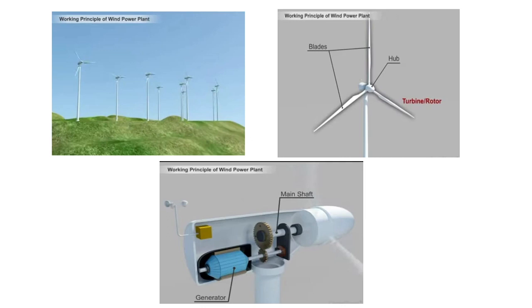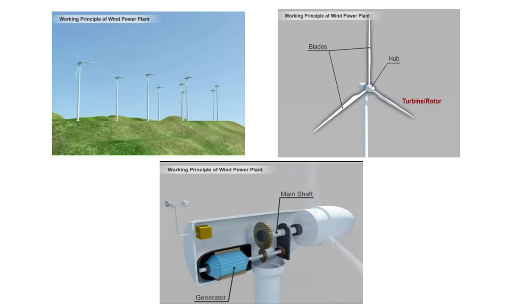Now, the nacelle is mounted on a tower to get more energy. The wind causes the blades to rotate. Due to this, the rotor starts moving, as the rotor is connected to the main shaft.